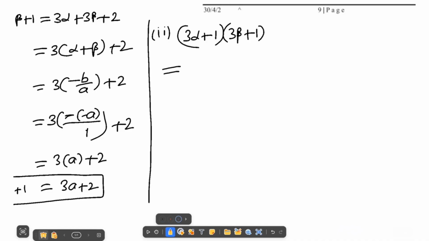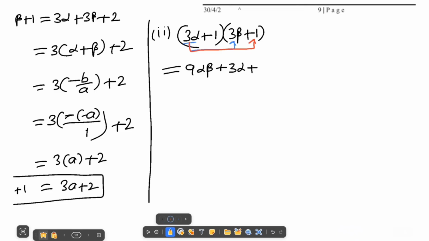First of all, 3 alpha into 3 beta will be 9 alpha into beta, plus next 3 alpha into 1, 3 alpha only.